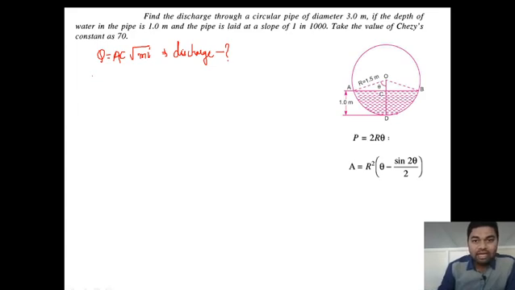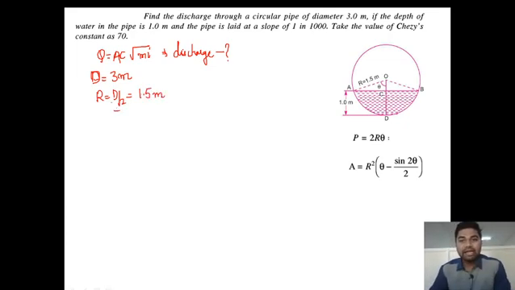So, let us write the given values. The diameter of the circular channel is 3 meters. As the diameter is 3 meters, the radius is d by 2, that is nothing but 1.5 meters.